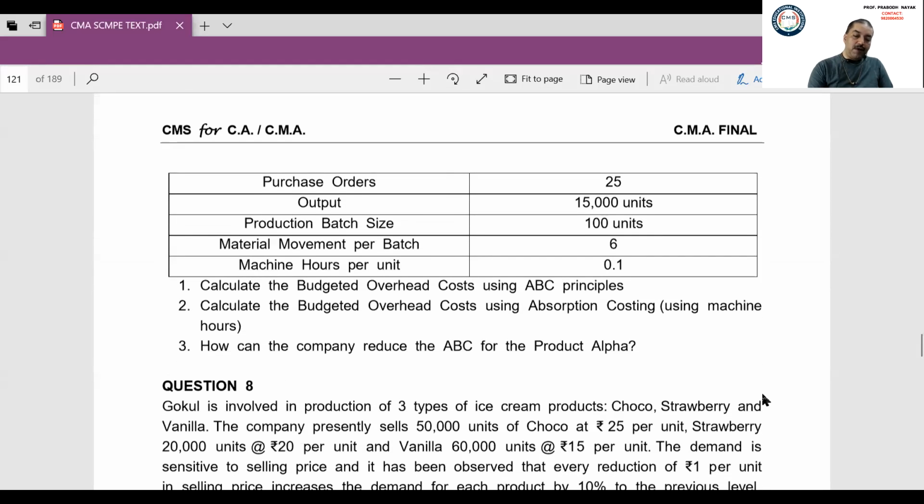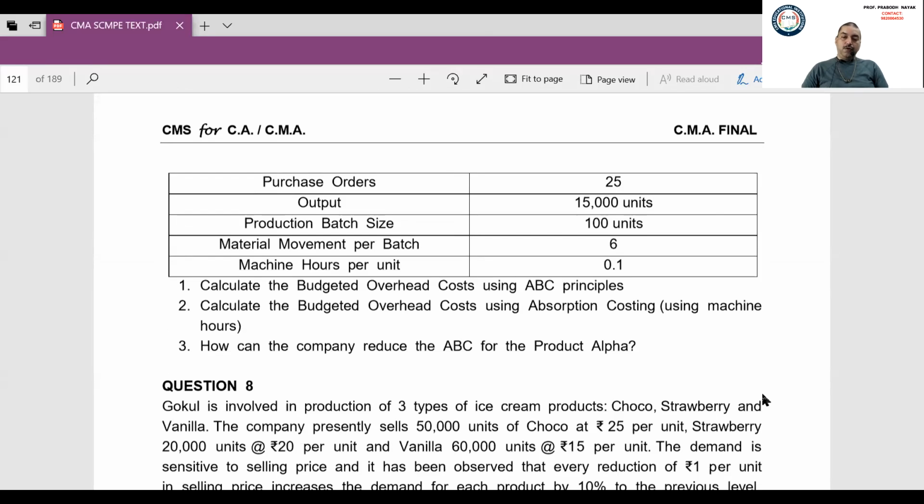Output is given. Production batch size is 100 units. Material movement is 6. Machine hours per unit is 0.1. First, calculate the budgeted overhead cost using ABC principles. Second, calculate the budgeted overhead cost using absorption costing, that is traditional costing, using machine hours as a basis. And third, how can the company reduce the ABC for the product alpha?